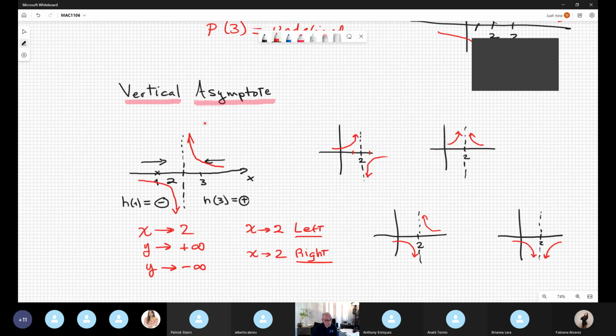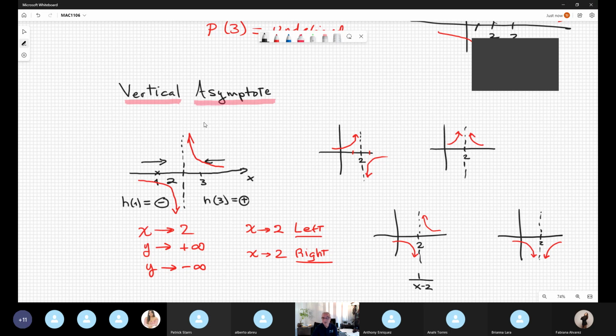One clue can give me information. Suppose the function looks similar to this: the function 1 over x minus 2. It's obvious. So you evaluate, for example, 3 minus 2 is 1, which is positive. And 1 minus 2 is negative 1, so it is negative. Another scenario is 1 over, not necessarily 1, any number, over x minus 2 squared.